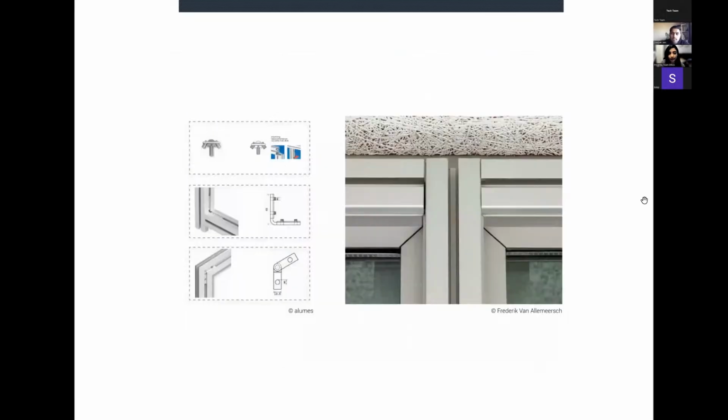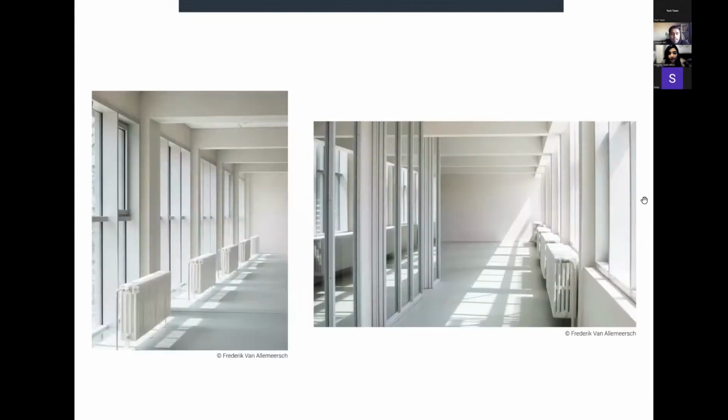As you see in this image, the profiles are made in such a way that these bolts and these low tech connections can be easily dismantled whenever they don't want to have the space, or they want to adapt it as they want.